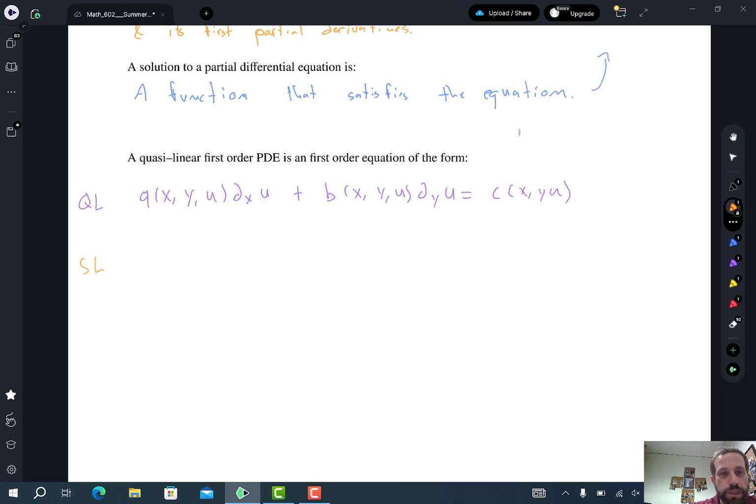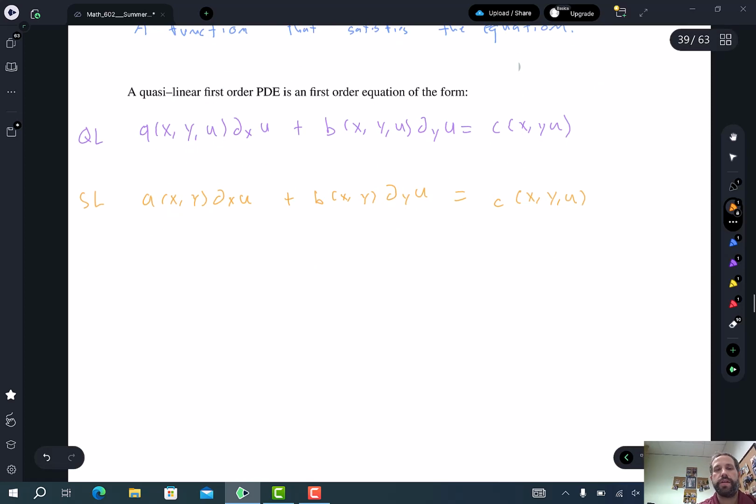Notice the functions a and b both depend on u. A semilinear equation is going to be similar, except a and b can only depend on x and y, or whatever the independent variables are. But the right-hand side, this function can still depend on u. That's a semilinear equation.